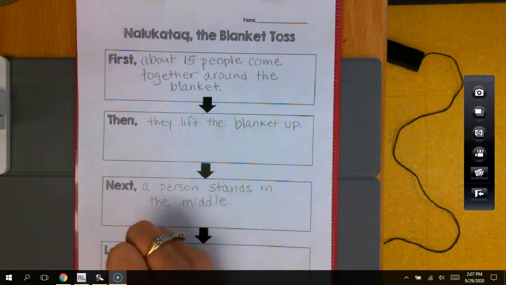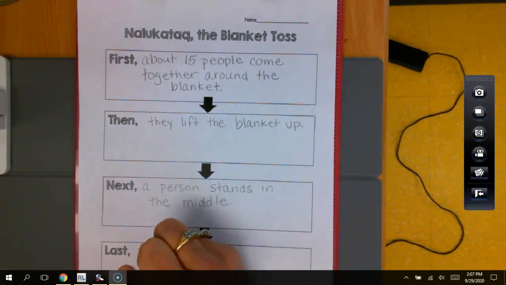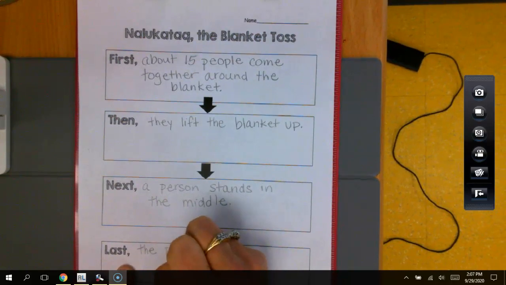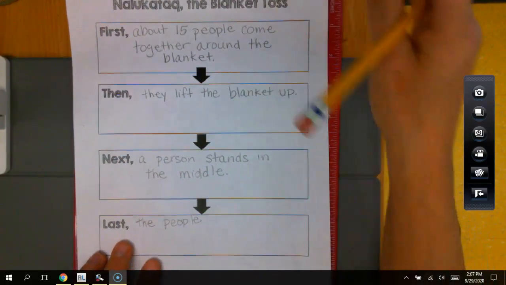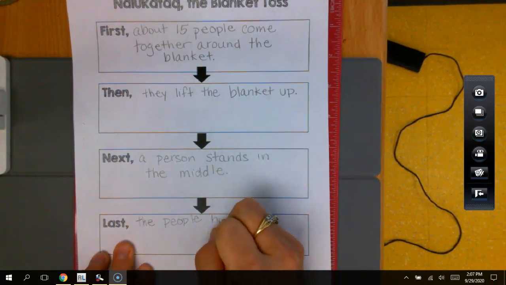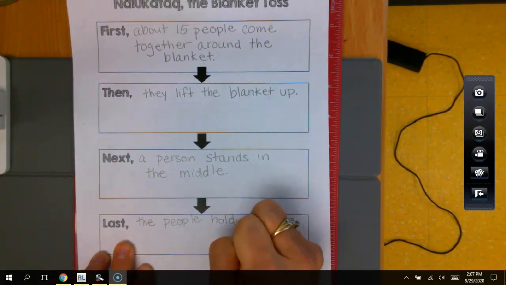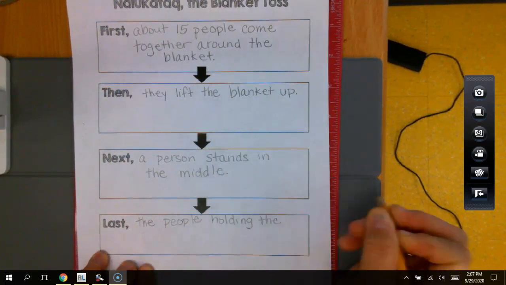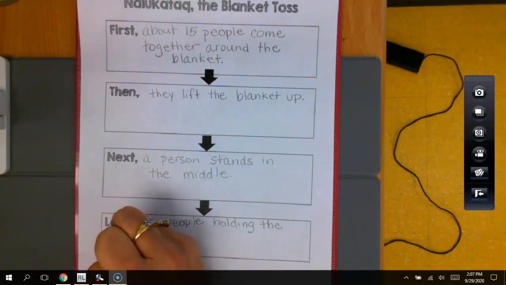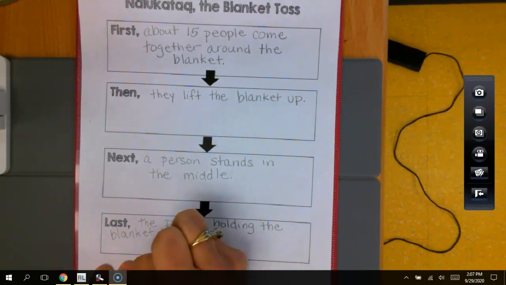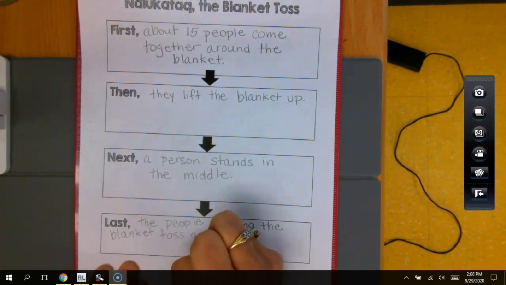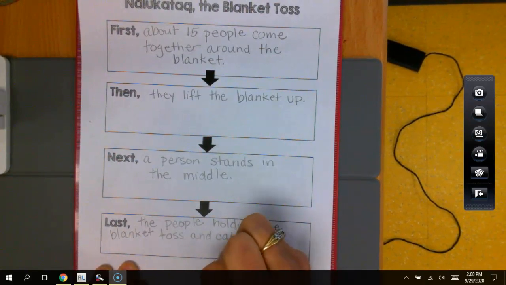So last, the people holding the blanket toss and catch the person. Let me scroll this up a little bit for you so you can read it.